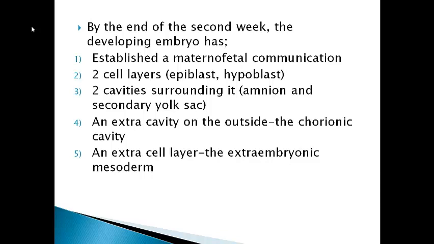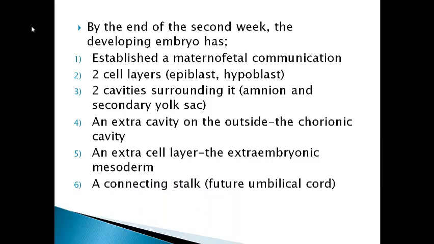Remember, you had a layer of extraembryonic mesoderm lining the germ disc and its cavities, and we had a layer of extraembryonic mesoderm lining the cytotrophoblast. And remember that part of the extraembryonic mesoderm did not develop a cavity within it, and that was found at the pole of the germinal disc. And we refer to that as the connecting stalk, which we said would end up becoming the umbilical cord.